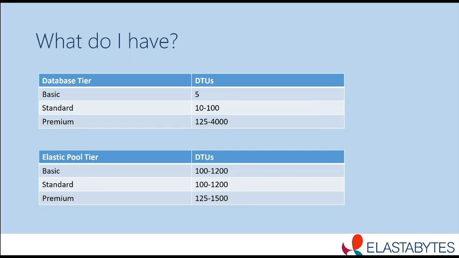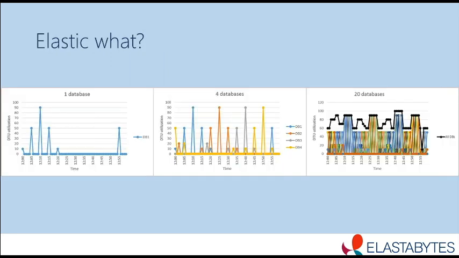So what are elastic pool tiers? The databases in an elastic pool are on a single Azure SQL database server and share a set number of resources at a set price. In other words, it is a way for you to save money.